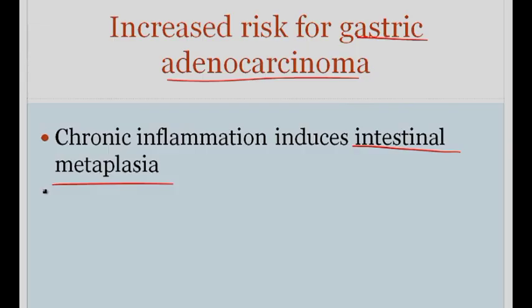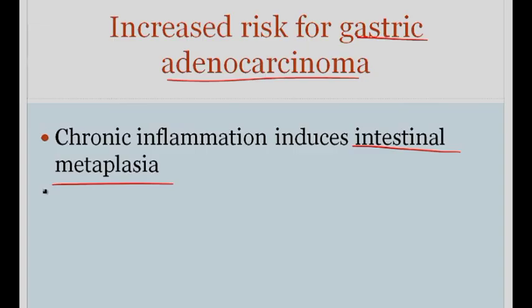However, if you get chronic inflammation of the stomach, now you've got a ton of inflammatory cells present in the wall of the stomach. Well, the cells of the stomach will then undergo metaplasia, and they'll start to form the cells that are normally in the presence of a ton of inflammatory cells, and those are the intestinal cells.